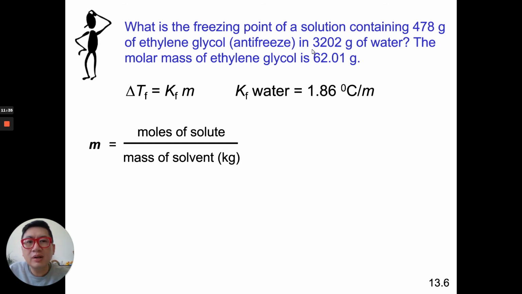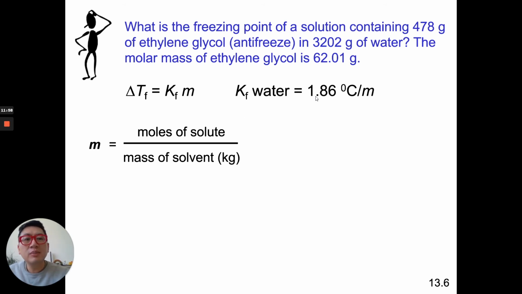Kilograms of solvent, water, we know. 3202 grams of water, but in kilograms, of course, that's dividing by 1,000, 3.202 kilograms. The only other thing is finding the moles of solute. So how do I calculate the moles of solute?